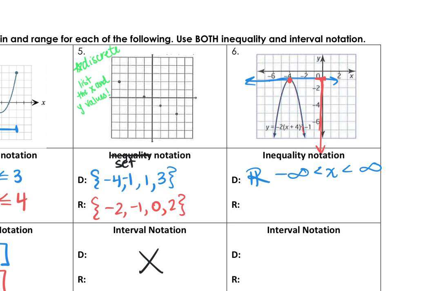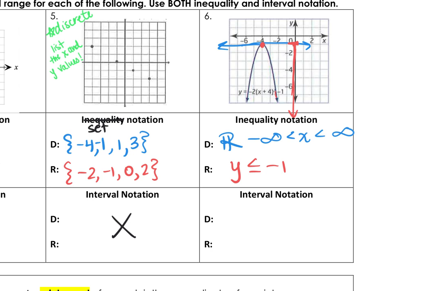So it is all y values that are less than or equal to -1. And again, technically, if you wanted to write it like a compound and you did negative infinity is less than y, which is less than or equal to -1, technically that is correct too. We just don't need all that. You can just do y is anything less than or equal to -1.